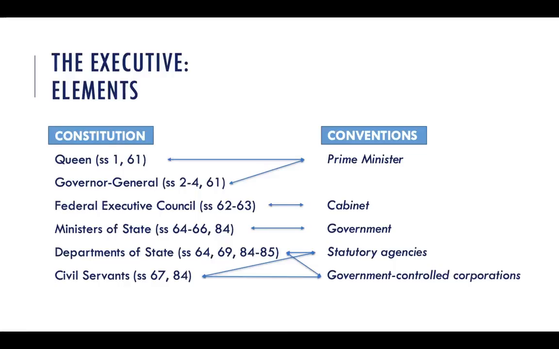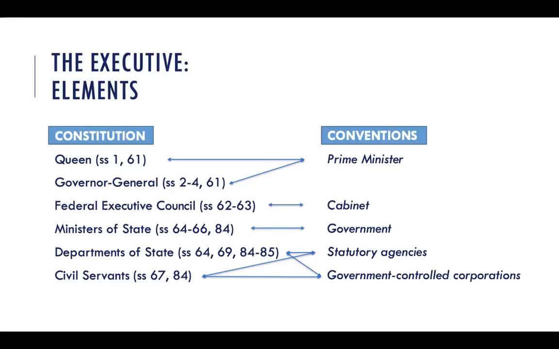The Constitution also mentions the departments of state, but it is true that there are some other bodies that help the ministers and the executive government in their activities as well. So that is in administering the state. A couple of examples are the statutory agencies and the government-controlled corporations.